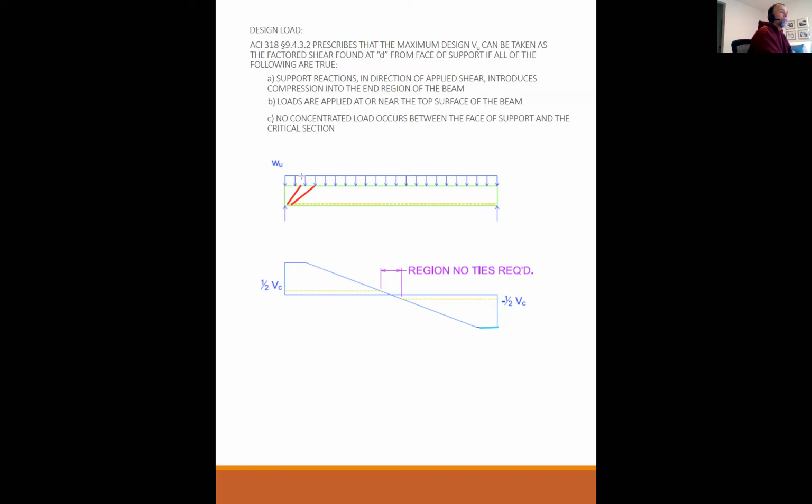It's not loading across that crack. It's just going in compression straight into the reaction. So there's no need to design for this last little bit of load because it's not loading up that crack. That's why we're ignoring that last little bit of load and only designing for VU here. Does that make sense to everybody?